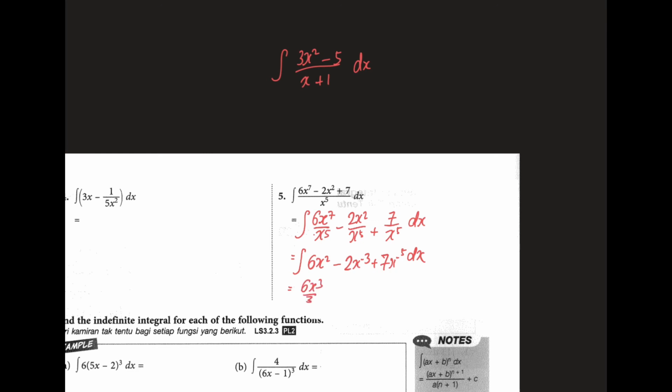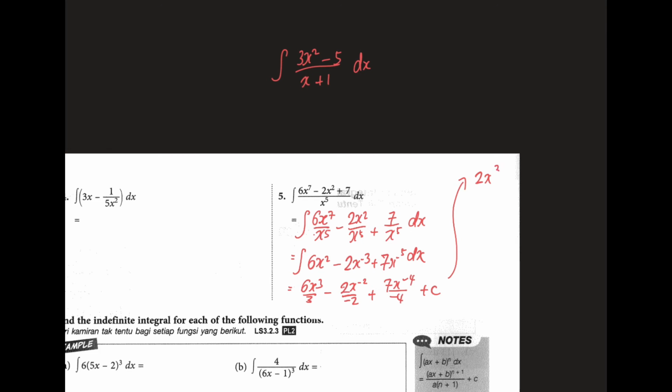So we integrate 6x cubed over 3, 2x to the power of minus 3 over minus 3 plus 1, which is minus 2, 7x to the power of minus 4 over minus 4 plus c, and then we continue. So now what we need to do is we simplify.